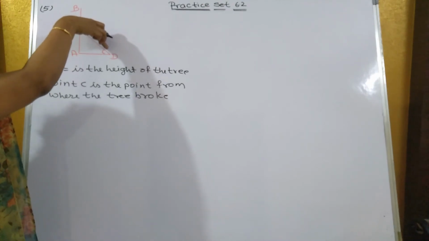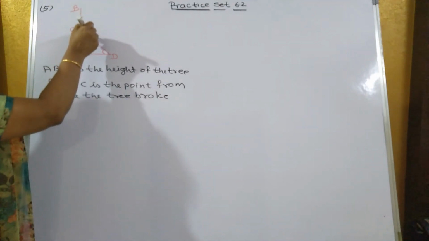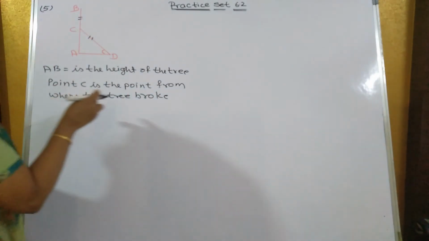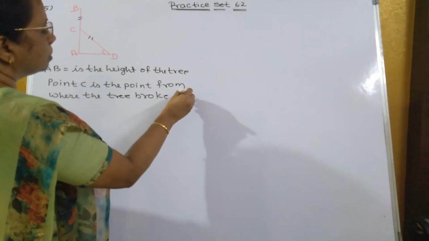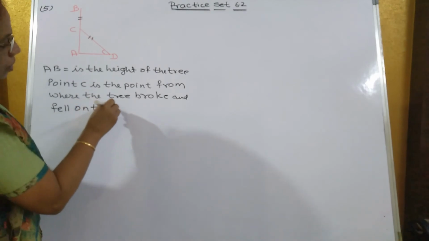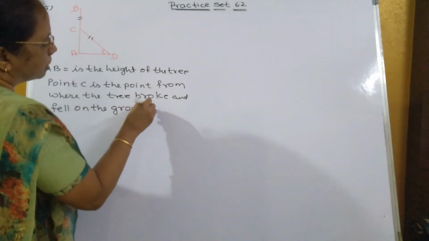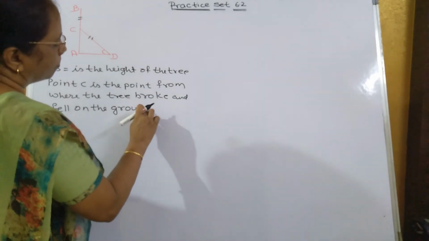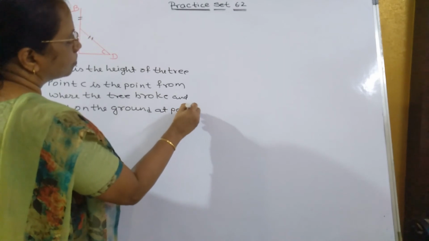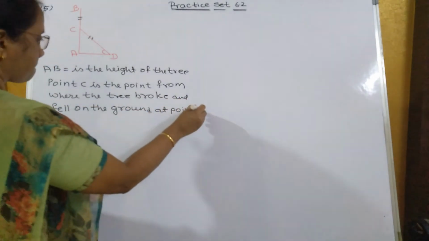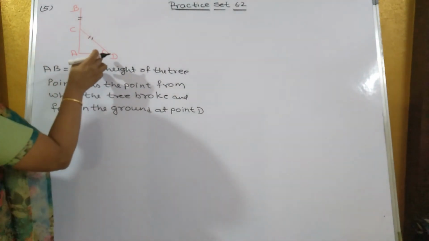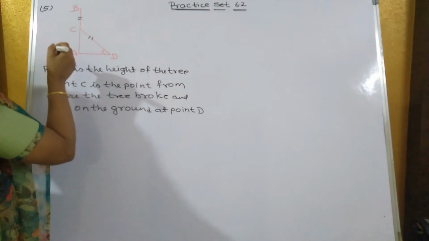So this is CD and BC is equal only. So this part of the tree broke and fell down on the ground. Where the tree broke and fell on the ground at point D. And the angle made by the tree on the ground is given how much? Is equal to 60 degrees.